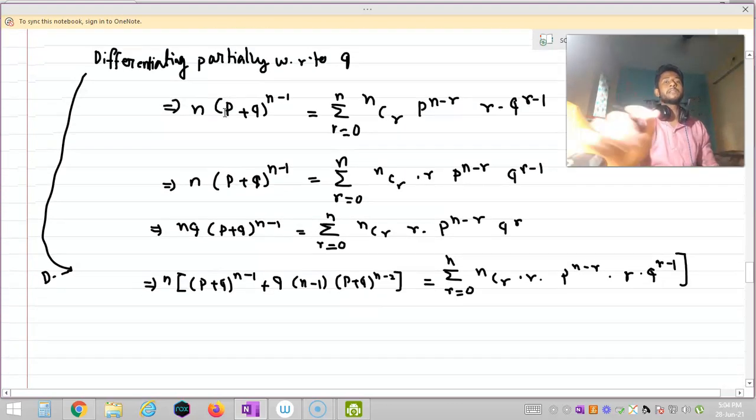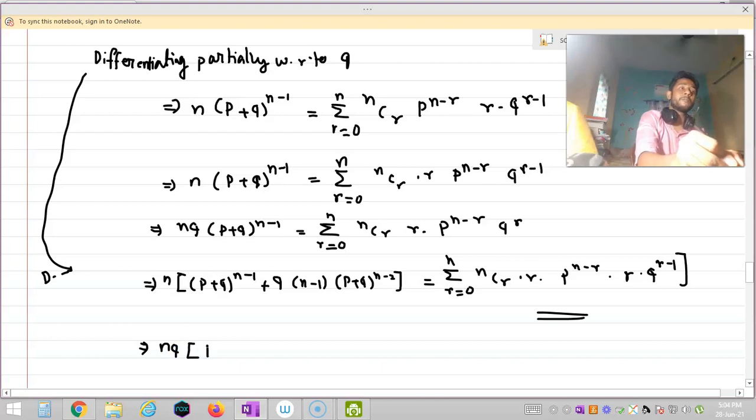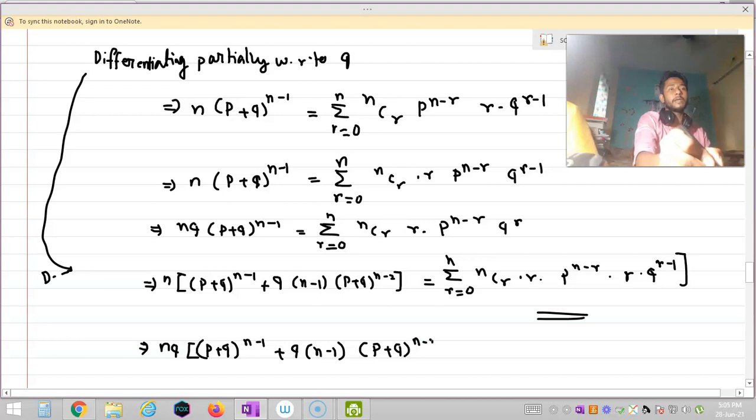If you compare the two expressions, everything is the same except the power of q, so I multiply both sides again by q. I get nq(p + q)^(n-1) + nq²(n - 1)(p + q)^(n-2) equal to the summation r = 0 to n of r² nCr p^(n-r) q^r.